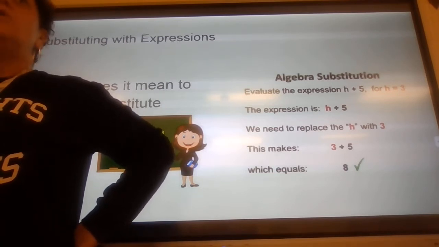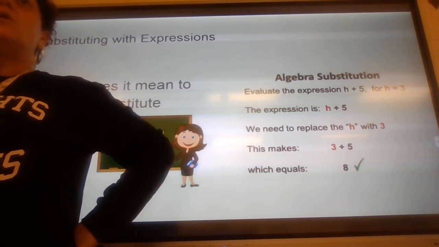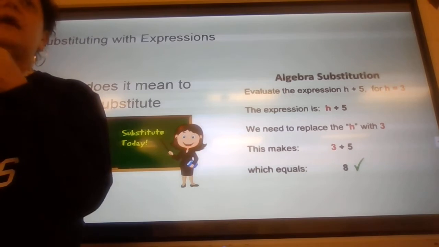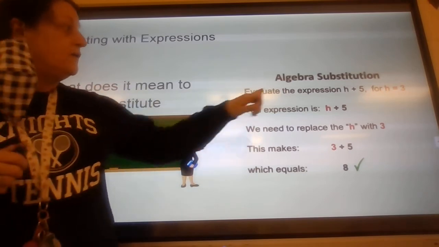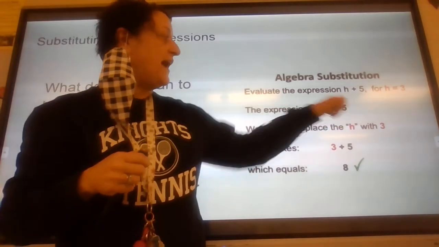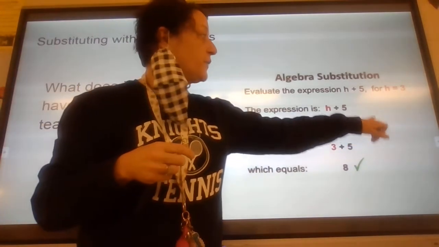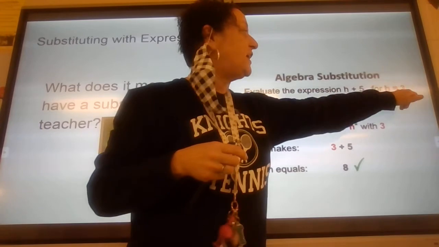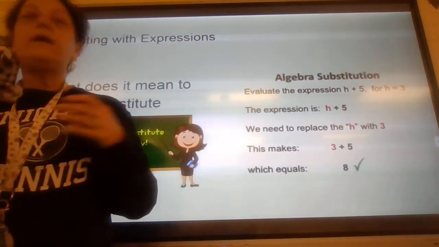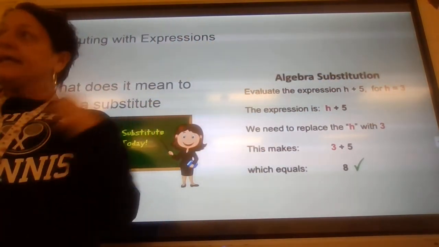And so you need to be very careful in reading carefully of what those values might be. For example, right here, h plus 5 is our expression. We need to replace the h with 3 because it told us up here h equals 3. So what are we going to do with that 3? We're going to plug it in.